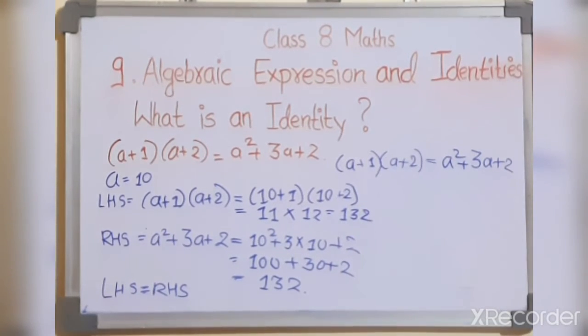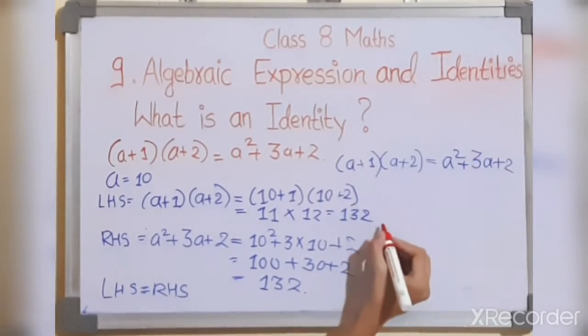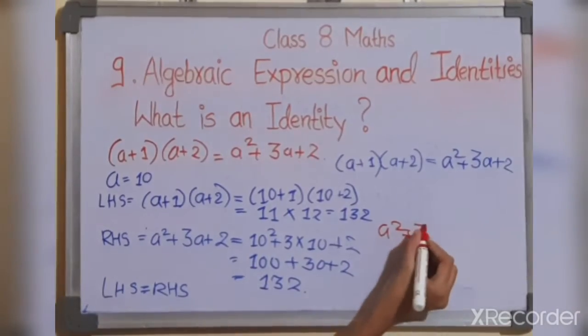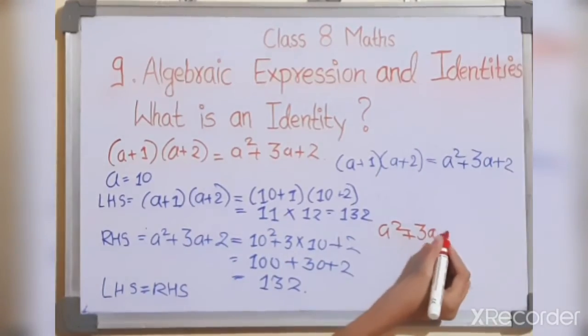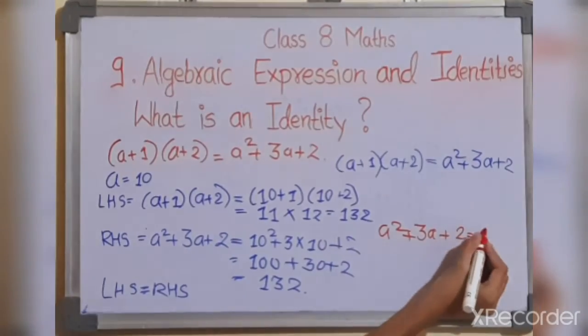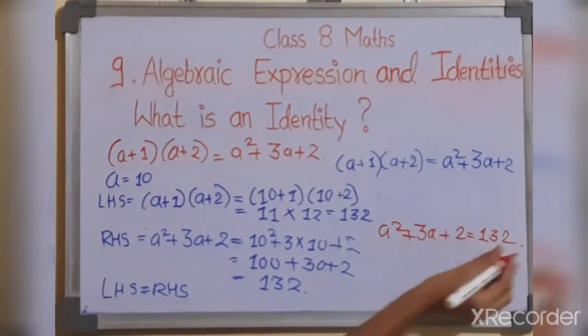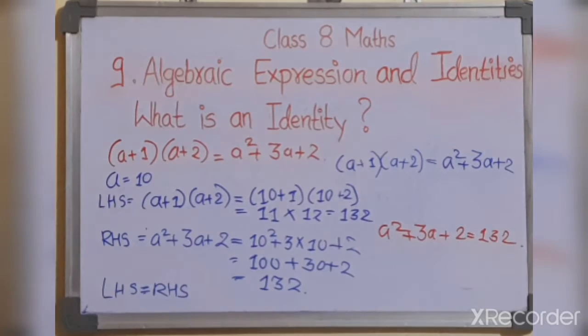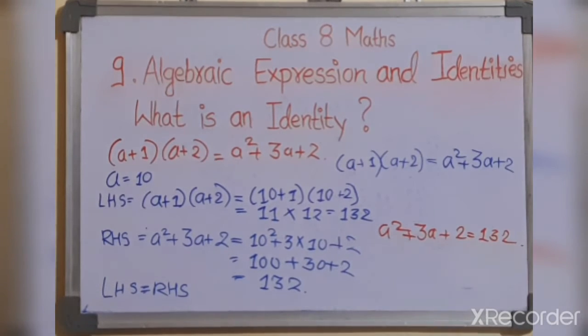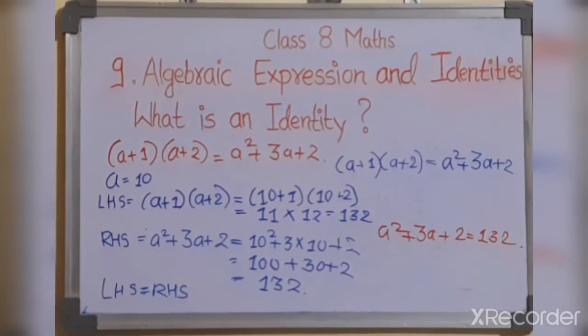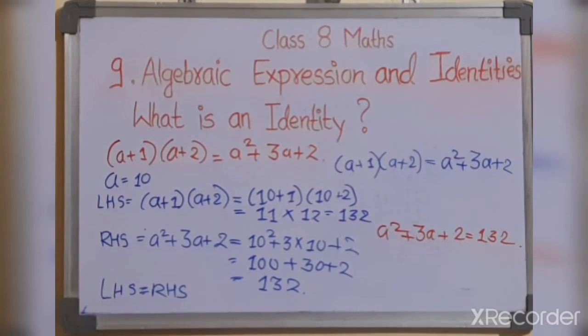An equation is true for only certain values of the variables in it. It is not true for all values of the variable. For example, consider the equation a² + 3a + 2 = 132. Okay, so this is an equation. It is true for a equal to 10 as we have seen here.